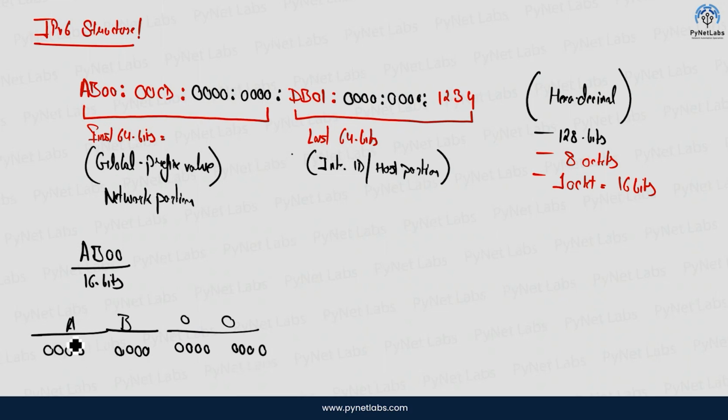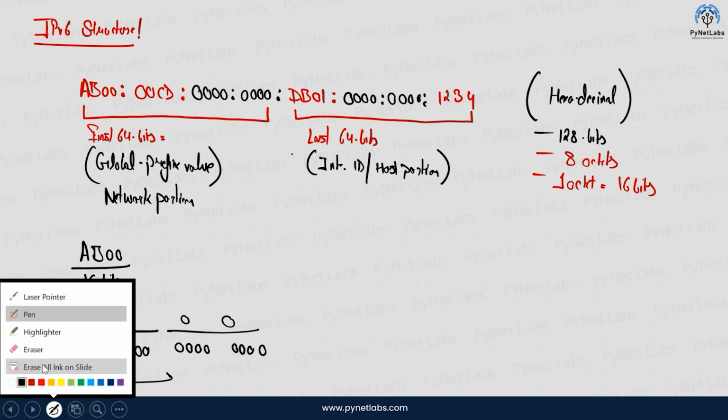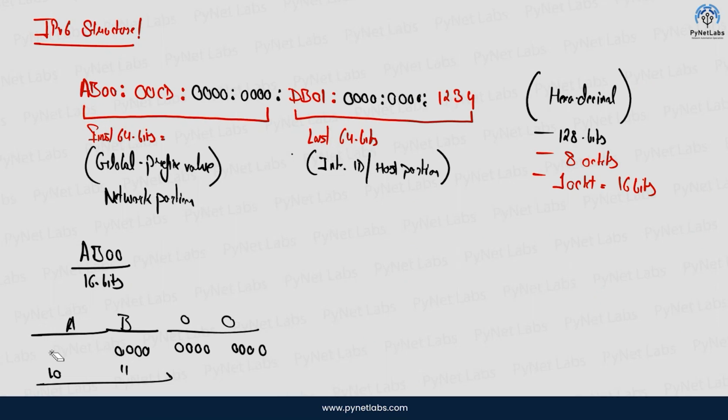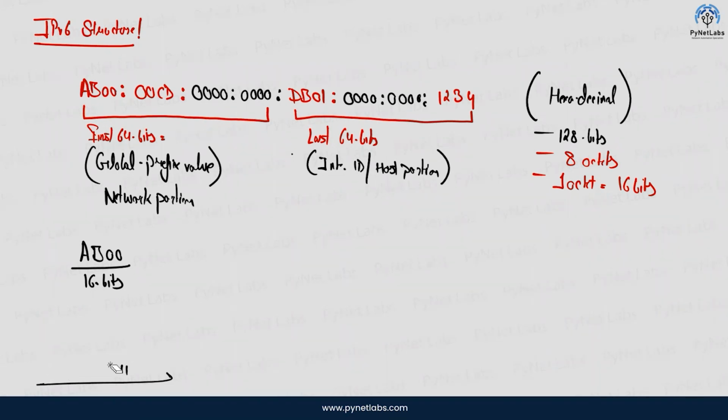And if I talk about A, the conversion of A in decimal is 10 and B is going to be 11. All these things we basically discuss in the live classes. But I hope you got the concept of how it consists of 16 bits, and inside one octet there are a total of 16 bits, where one single value represents 4 bits in total.